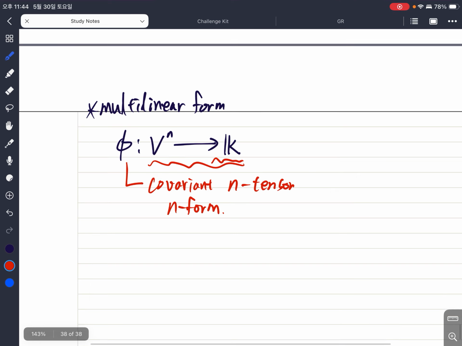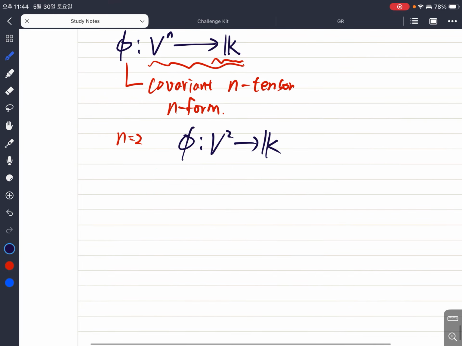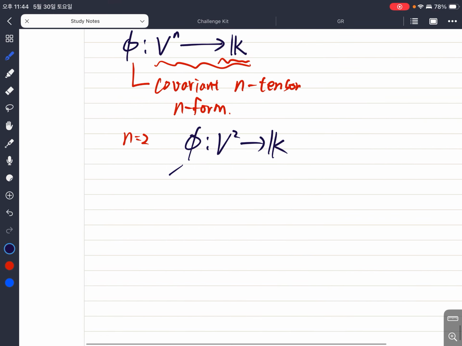The most interesting case is when n is 2. In this case, phi from v square to k appears so many times that we call it just the bilinear form. So bilinear form is just a bilinear map from the Cartesian product of the same vector space to some field.